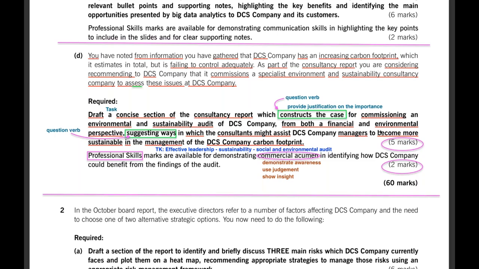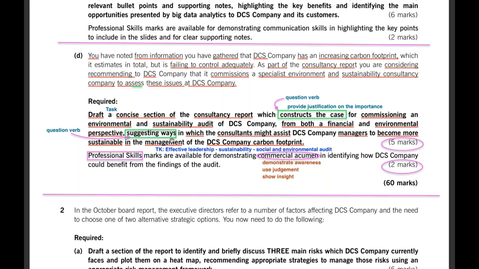So once you are able to provide justification on why you need to commission them from these 2 perspectives, the next thing that you must have inside your answer is to suggest ways how these consultants can help DCS managers to become more sustainable in the management of carbon footprint.